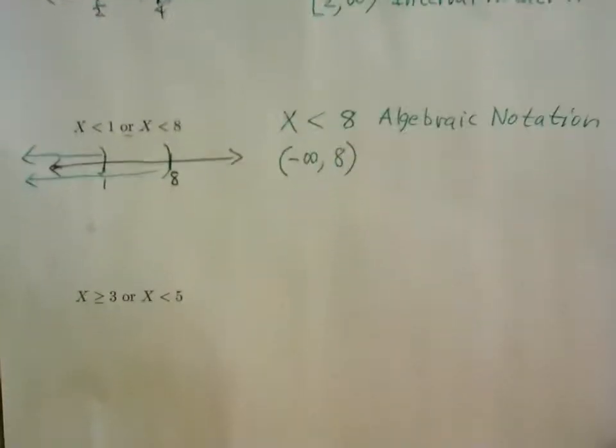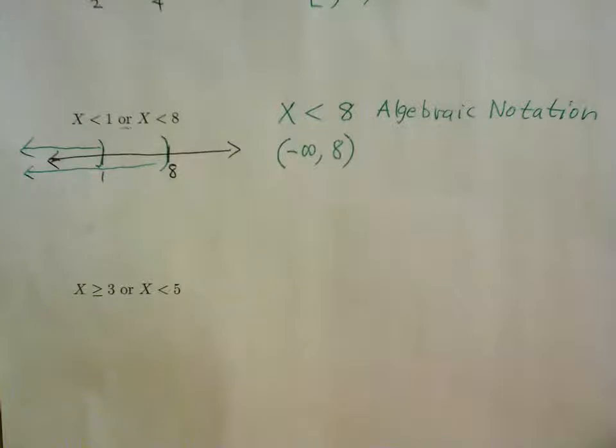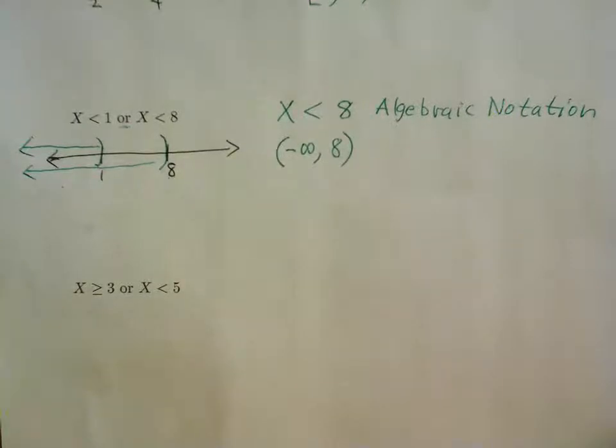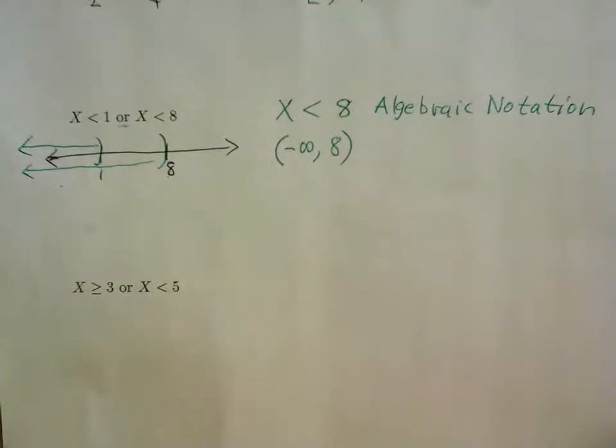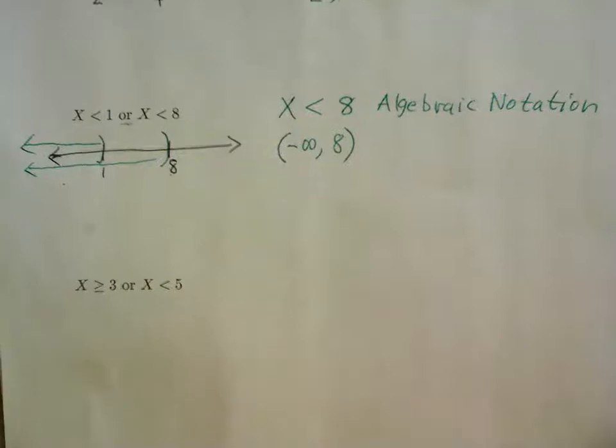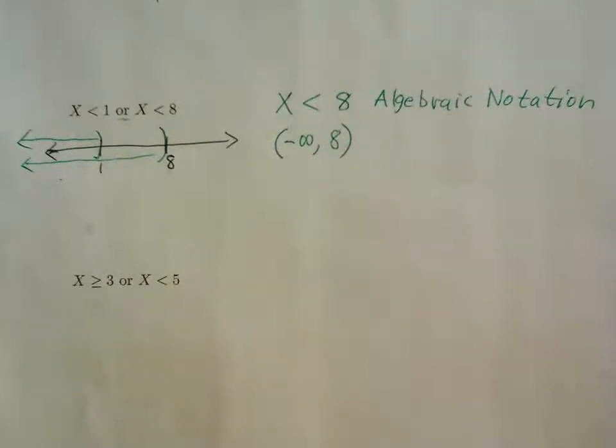Okay, let's try the next one. X is greater than or equal to 3, or x is less than 5. So boil that down and tell me what the set of numbers that represents.